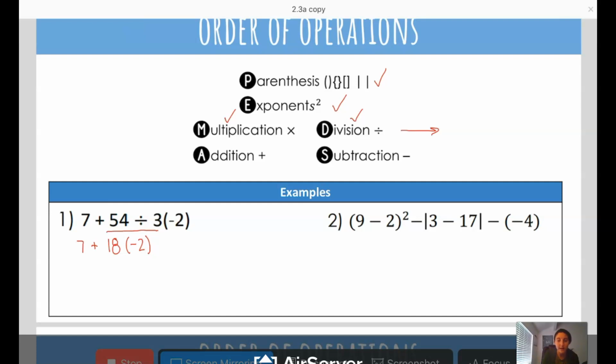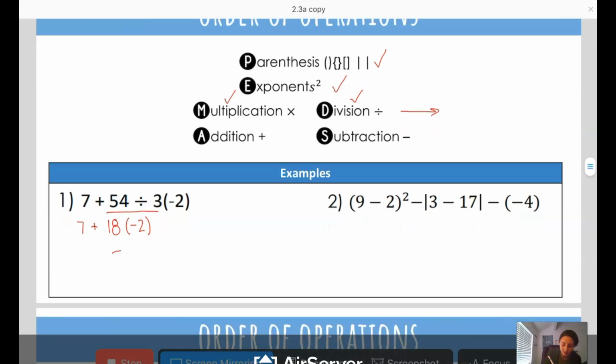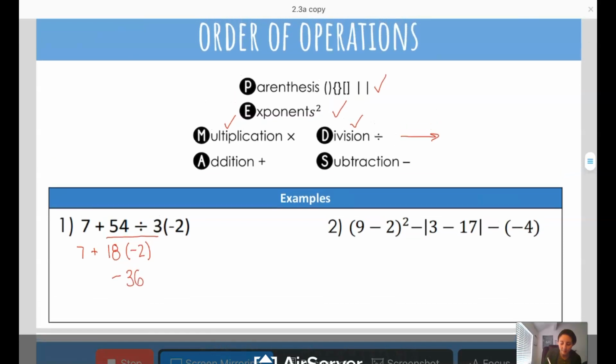We're going to do 18 times negative 2. A positive times a negative is a negative, and 18 times 2 is 36. And we can't forget about that plus 7 in front, so we also have to write that. Now we have 7 plus negative 36.